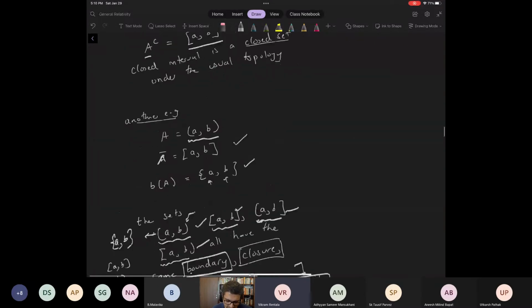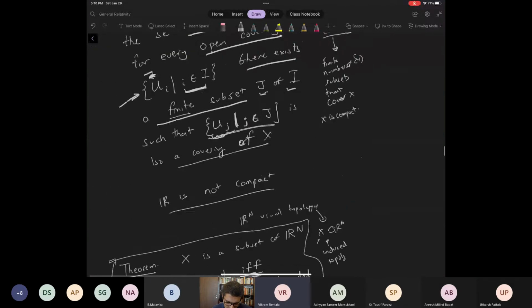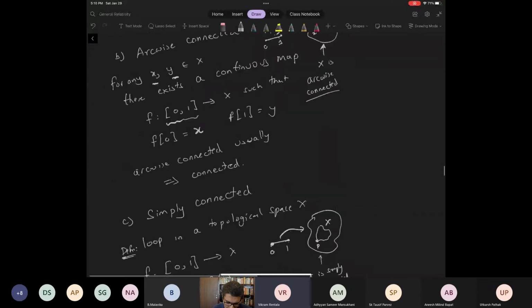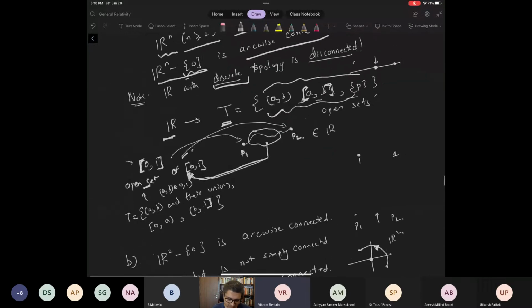So can you give me an example of a mapping from [0, 1] to points in the real line with this new topology, the discrete topology, such that the map is not continuous by this definition?